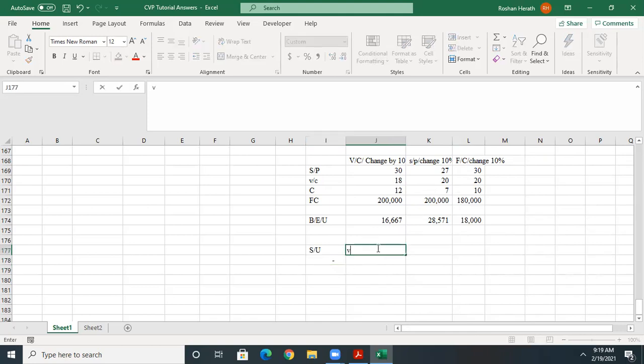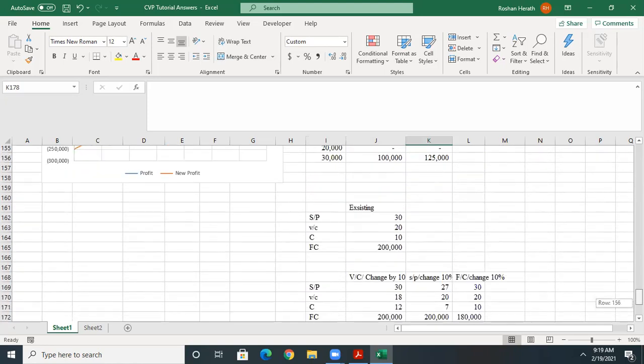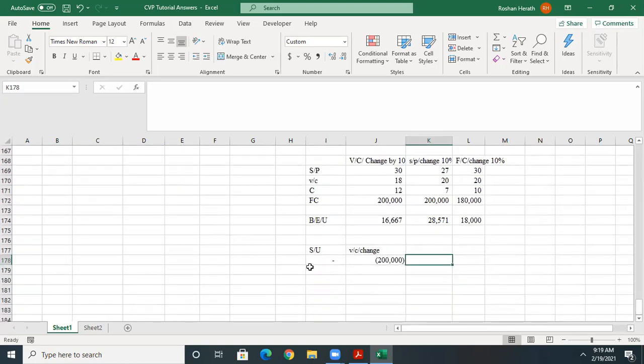So under the first change, variable cost change scenario, you could see the fixed cost was 200,000. And then under that, the break even occurs at 16,667 units. So there, profit is 0.